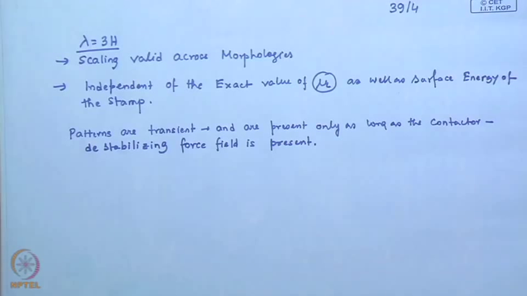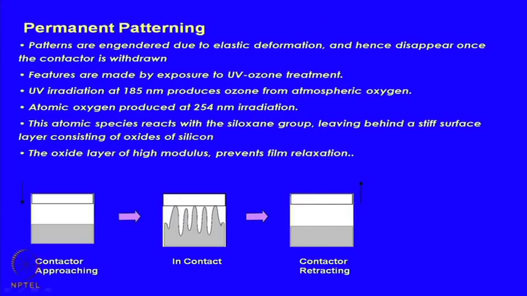So, if you want to use this elastic contact induced instability as a viable patterning technique, one of the critical requirements will be to make these patterns permanent. Okay. And we are talking essentially of using a polydimethylsiloxane based system. So, what has typically been done is, this is how it is, the contactor approaching the film, you have a flat film.